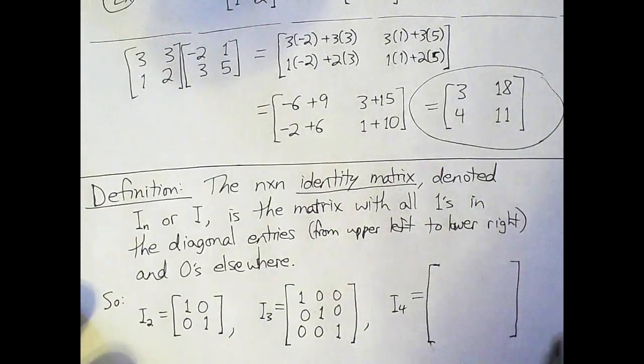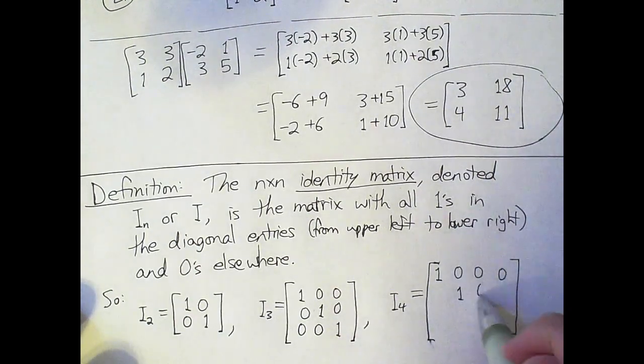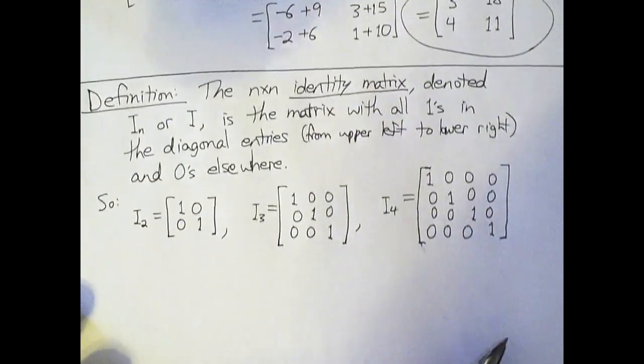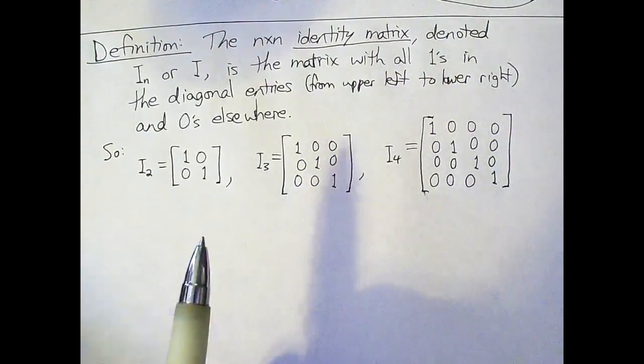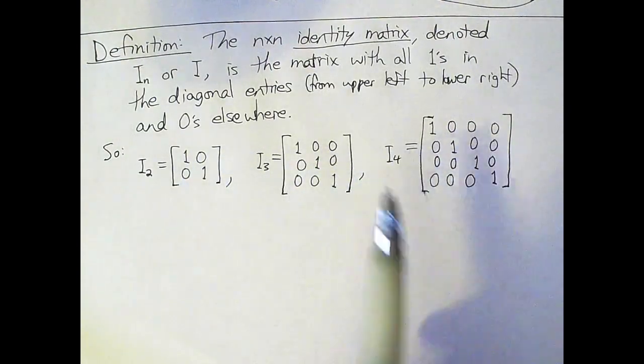And from the upper left to the lower right, we need ones along that diagonal. And then everywhere else, we put zeros, making sure that this is 4 by 4. So those are 3 examples of the identity matrix for n equals 2, n equals 3, and n equals 4.